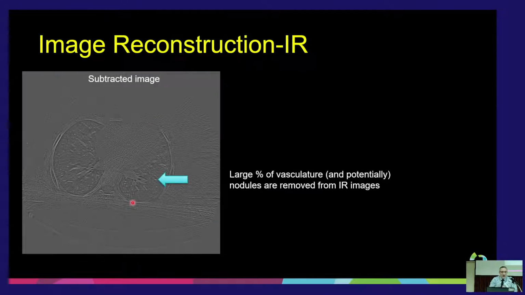If you look a little higher up in the thorax, you can see even more. Look at all the lung parenchyma, look at the vasculature. You can pretty much read this. I mean, one would hope that some of these structures weren't even nodules. Obviously, it's mostly just vasculature, but you can see how much of the information in the lungs actually gets removed when we use iterative reconstruction.